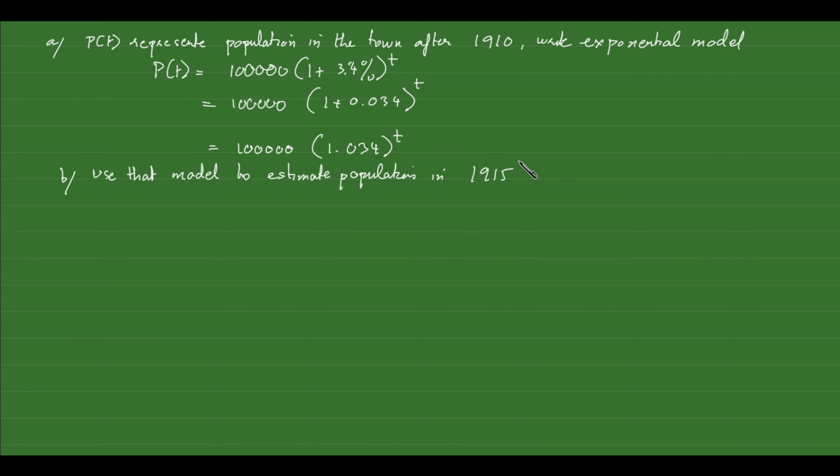So 1915 and 1910 will be just 5 years, right? So we do P(5) equals 100,000 times 1.034 raised to the 5th power, right? So you go ahead and calculate it: 1.034 raised to the 5th power, and you multiply by 100,000. So you have about 118,190 people. That's the population at that time in 1915.